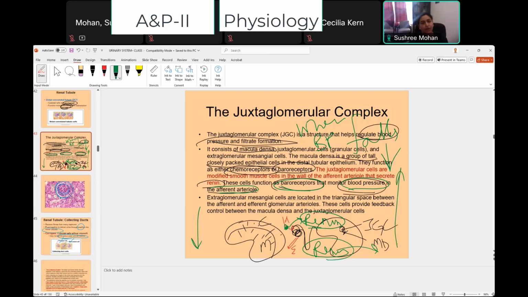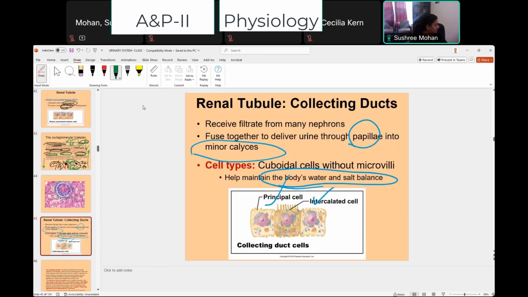Ultimately, it's going to cause some vasoconstriction, involve the sympathetic nervous system, and help to increase the blood pressure. It was secreted because the blood pressure fell. When the blood pressure falls, renin is secreted, and then it will work through a cascade of changes to bring the blood pressure back up. It will increase the blood pressure so that it will come back to normal. We will go back to that again later on.